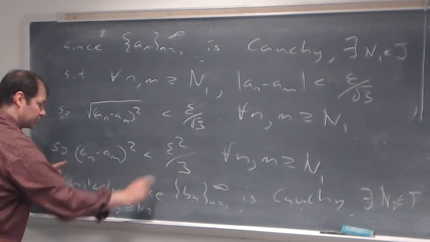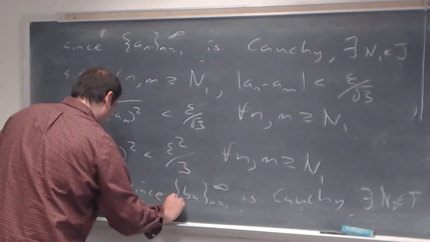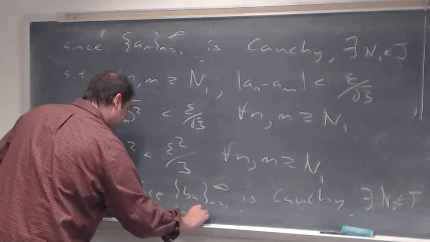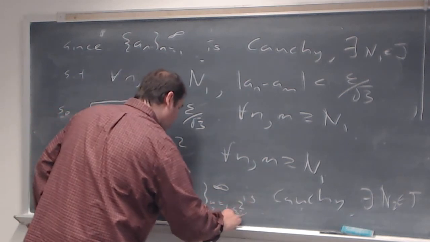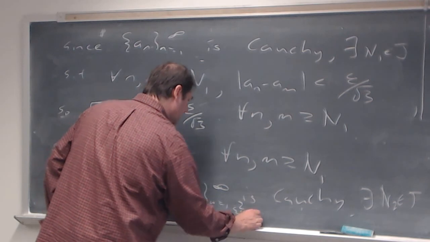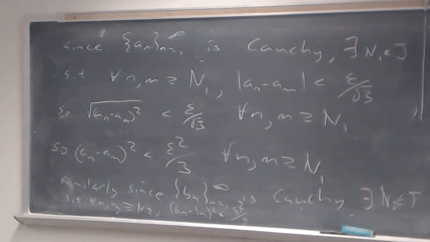Right here. This is the conclusion. The b sub n minus the b sub m squared is less than epsilon squared over 3. Is that okay? And then what am I going to say next?